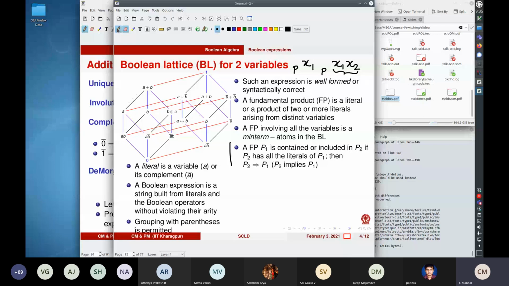If I write this as P1 and this as P2, in this case P2 implies P1. Okay, P2 implies P1.